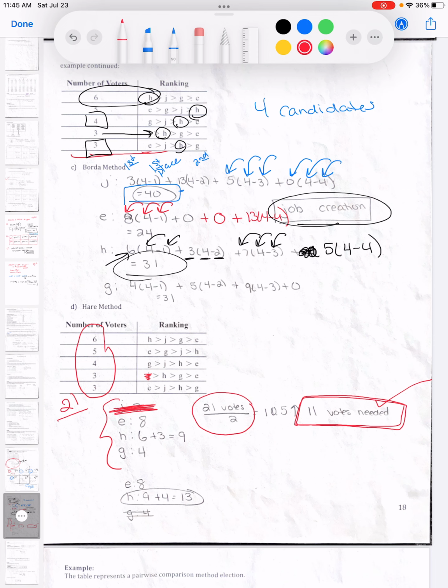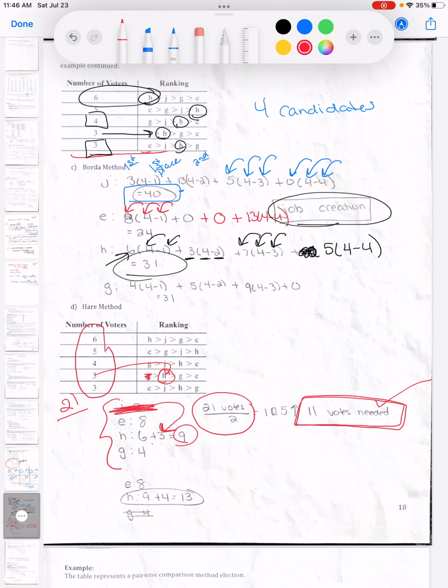That meant that J's votes had to go to H because that was the next one in line. So I had to then add those 3 votes right here. So I took those 3 votes and I added them. And so I got 9.